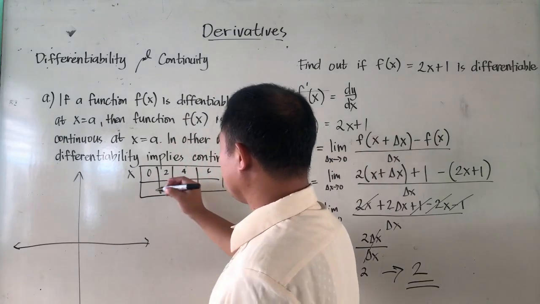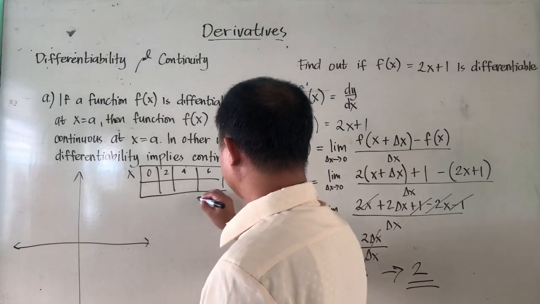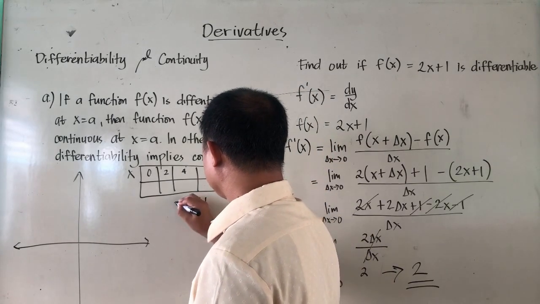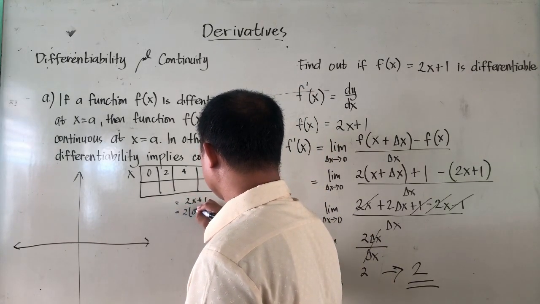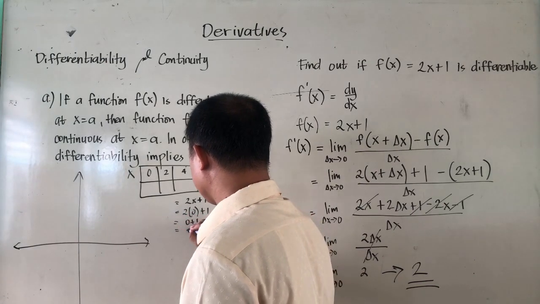So, we have 2x plus 1: 2 times 0 plus 1 gives us 0 plus 1, that is 1.